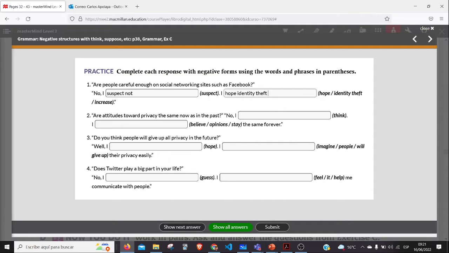Increase, no. Don't or doesn't increase. Okay? No aumente. You got it or not? Or we use the future. Won't increase. What do you think?